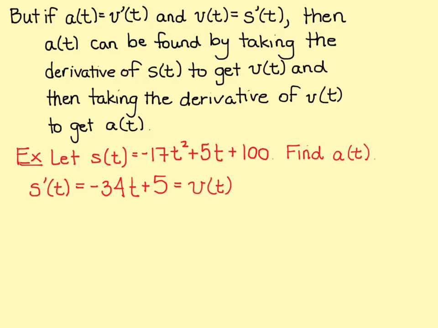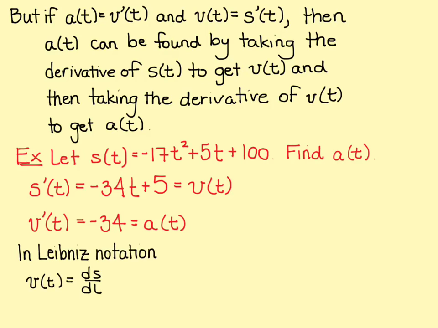So v of t is negative 34t plus 5. Now we can take the derivative of v of t to get negative 34, because that's the derivative of negative 34t, and the derivative of 5 is 0. So this gives us the acceleration a of t. Notice that all we did was take the derivative of s twice.